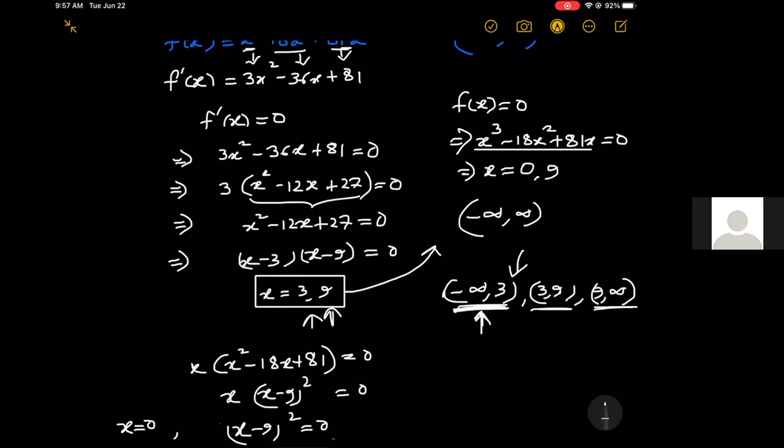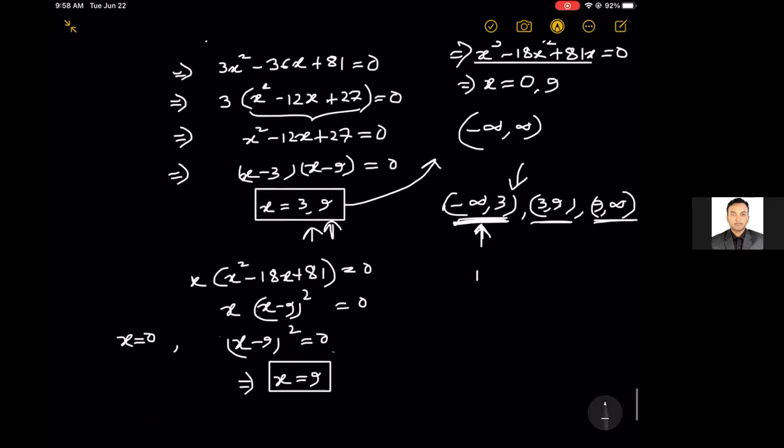Not really, because we are trying to find where the function is increasing, not where it's concave up or concave down. But thanks for pointing it out. When you are trying to find where it's increasing or decreasing, plug it back into the first derivative. When you are trying to find whether it's concave up or concave down, then plug it back into the second derivative.